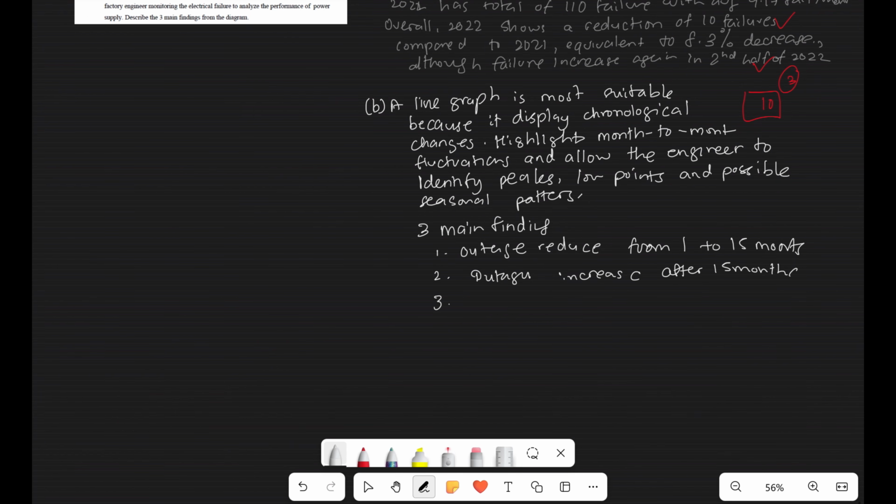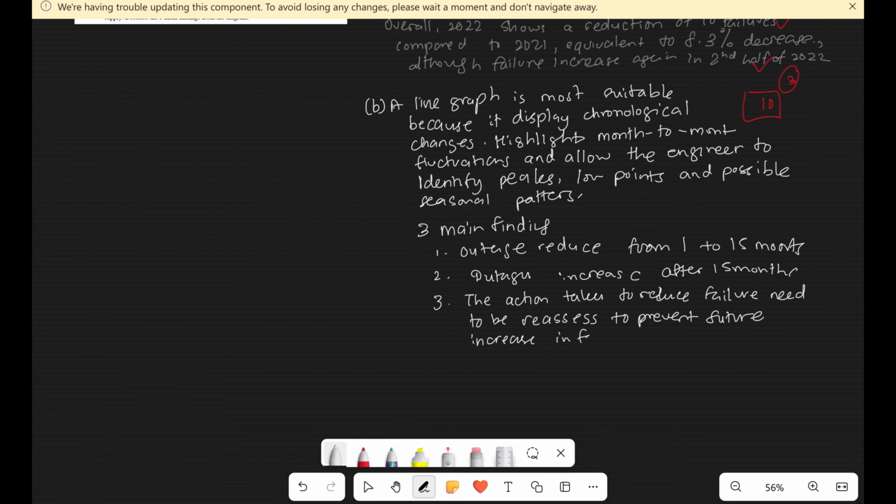And then number 3, the action taken to reduce failure needs to be reassessed to prevent future increase in failure.